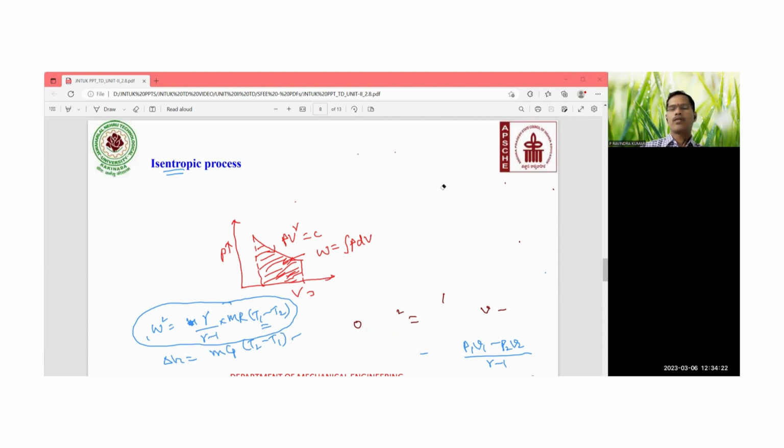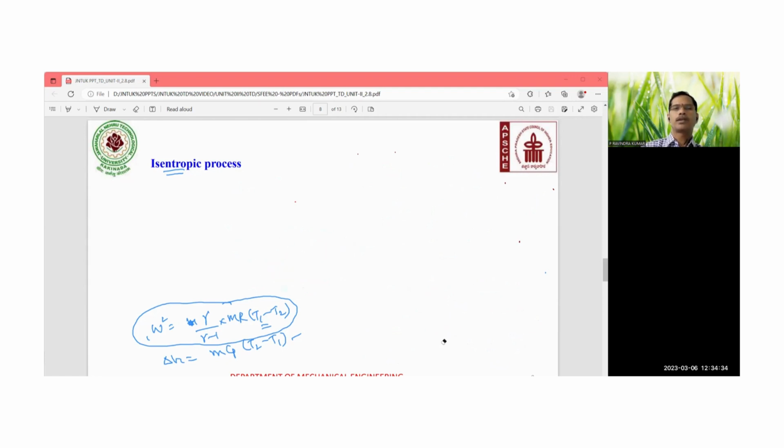Try to work out the heat transfer in the isentropic process with the available data, and find out what you are going to get from this particular study.